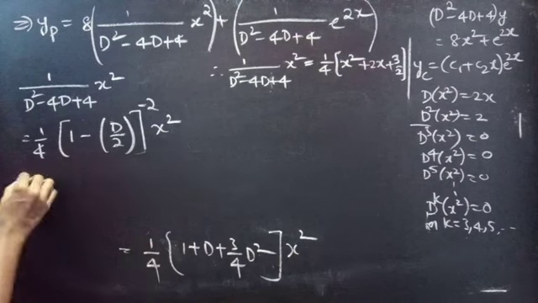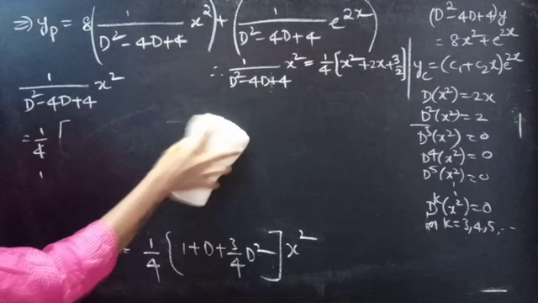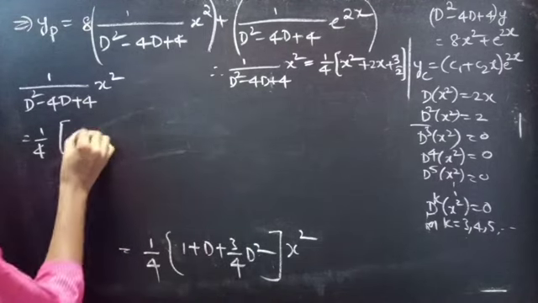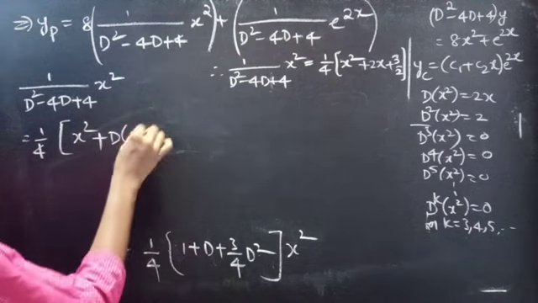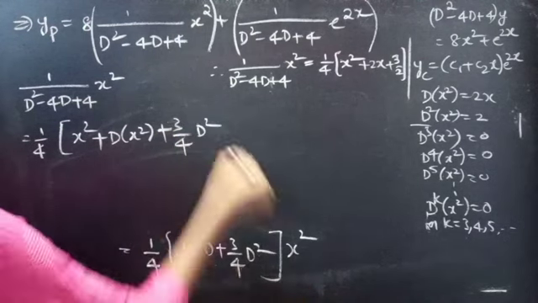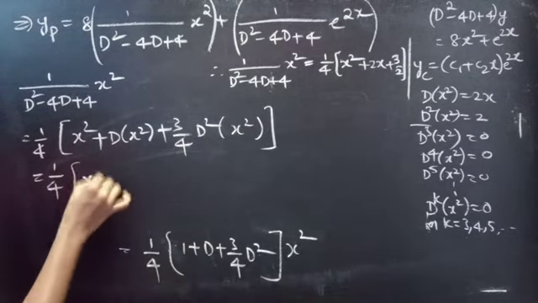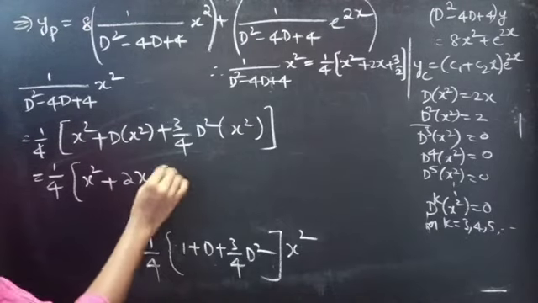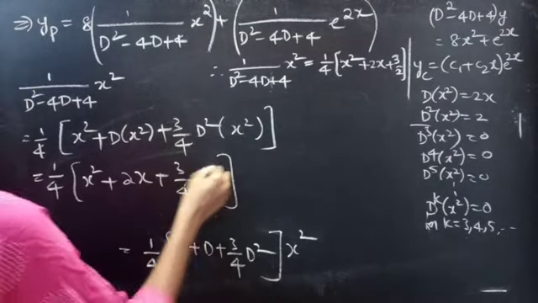Then this becomes 1 by 4 into 1 into x square is x square plus derivative of x square plus 3 by 4 into d square of x square, which equals 1 by 4 into x square plus derivative of x square is 2x plus 3 by 4 into d square of x square is 2. 2 ones are 2, 2 twos are 4.